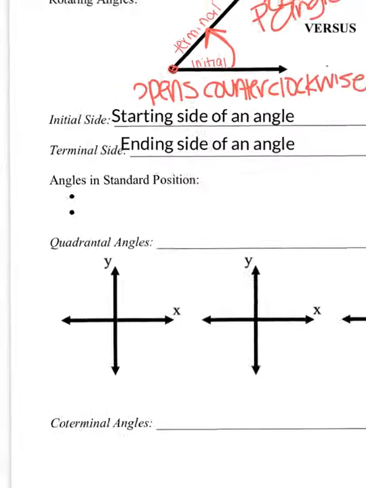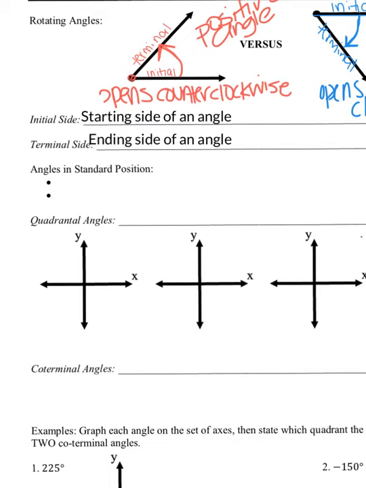So in order for it to be in standard position, this is talking about on a coordinate grid, like an X and Y axis. Your vertex, the turning point, let me just write this out. The turning point, or the vertex, if you want to call it the turning point, you can, is on the origin, always.